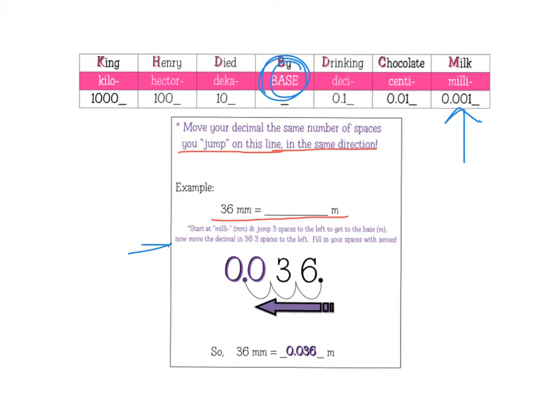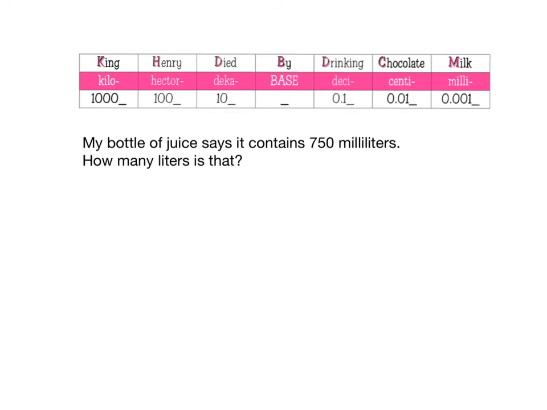According to these directions, it says start at milli, jump 3 spaces. Okay, 1, 2, 3 to get to where I wanted to be. So same thing happens with that decimal point. 1, 2, 3 spaces. So the answer, 36 millimeters, is equal to 36 thousandths of a meter.